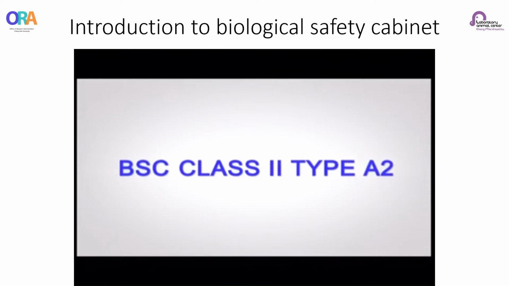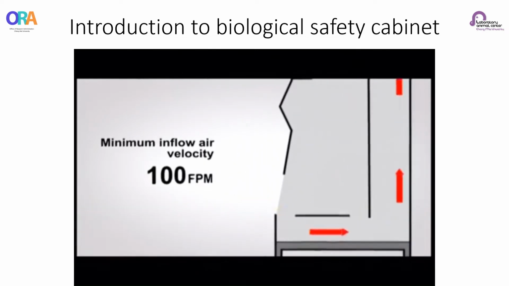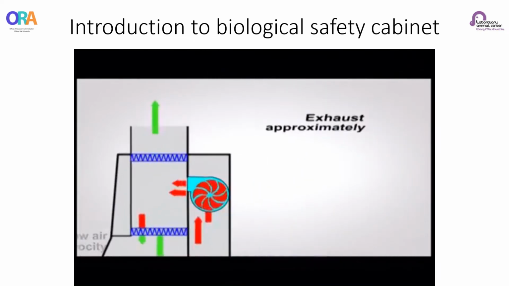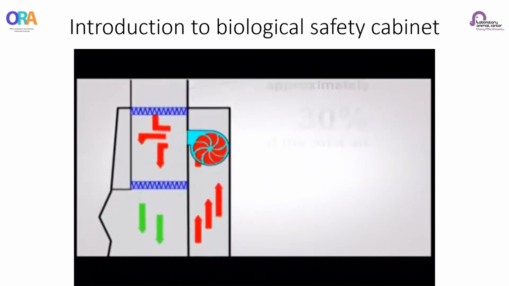BSC Class 2 Type A2 have a minimum inflow air velocity of 100 feet per minute through the front opening with an exhaust approximately 30% of the total air handled and recirculated to 70% in the cabinet.